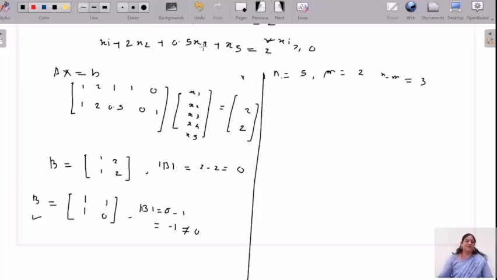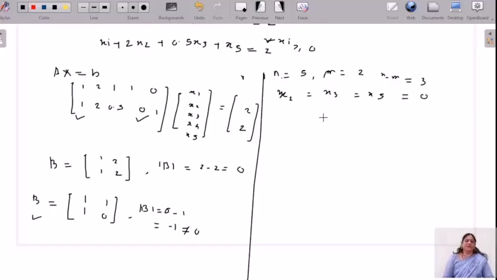Here we consider the first column and the fourth column. Therefore, for the remaining variables not associated with columns of B, you don't set x1 and x4 equal to 0. Therefore, we have to set x2, x3 and x5 equal to 0.